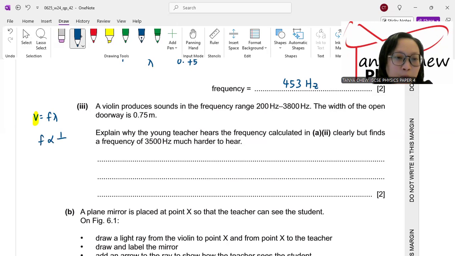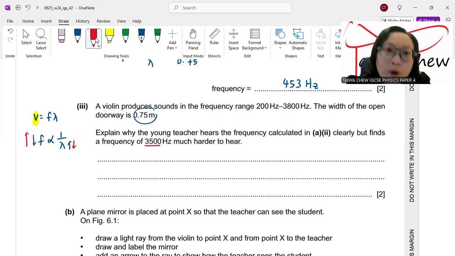Frequency is inversely proportional to wavelength. So could you see that when the frequency is lower, the wavelength is larger? But when the frequency is higher, 3500, the wavelength will have to decrease. The wavelength, the length traveled by the wave, will decrease, right?